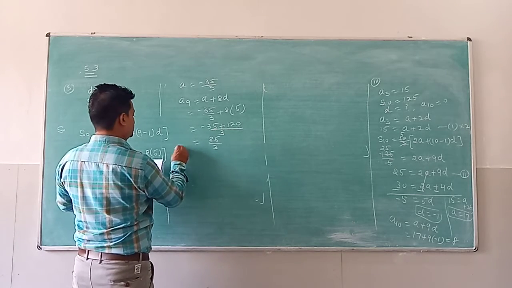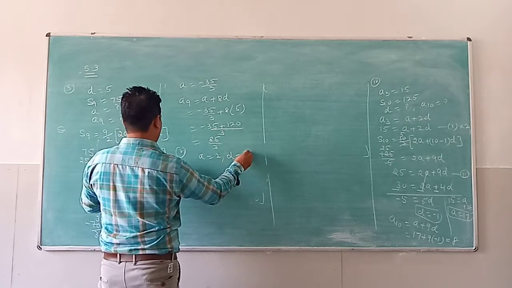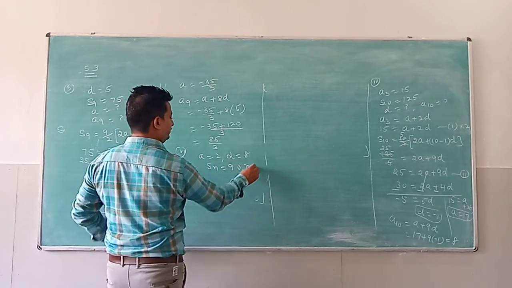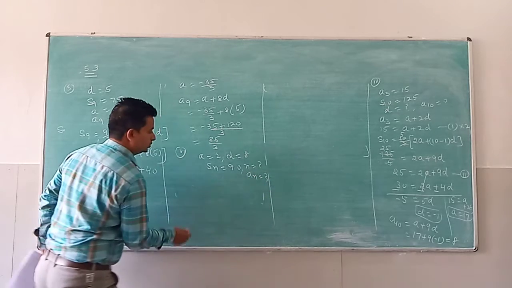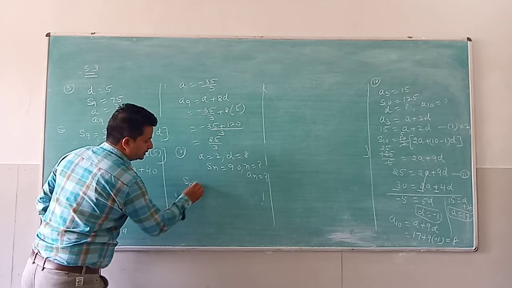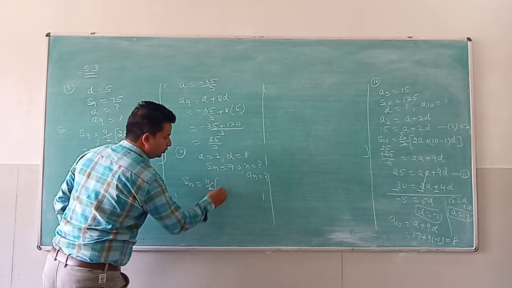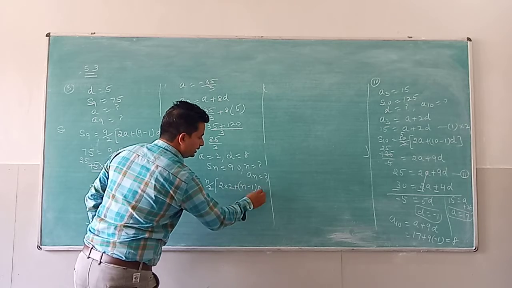In the 6th question, the statement is a is equal to 2, d is equal to 8, Sn is equal to 90. We are going to find n and an. So Sn is n upon 2, 2a plus (n minus 1) d. A is 2, d is 8.